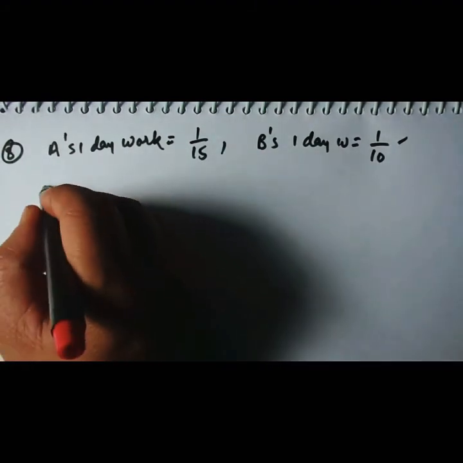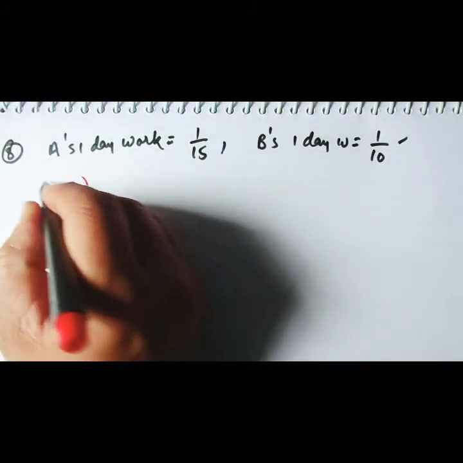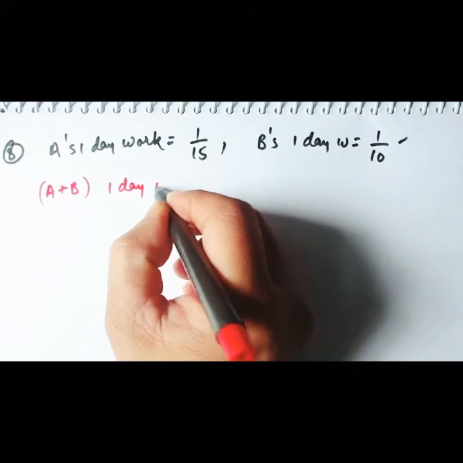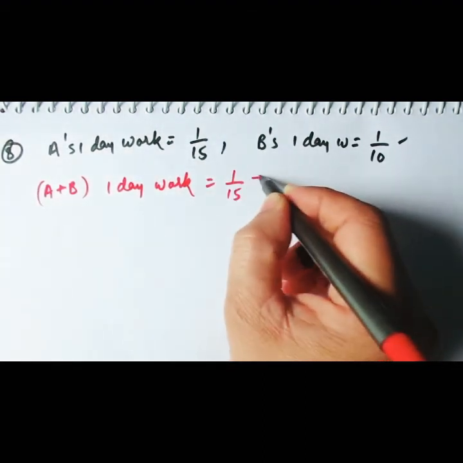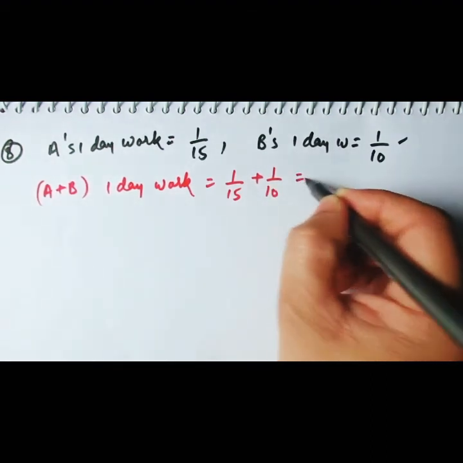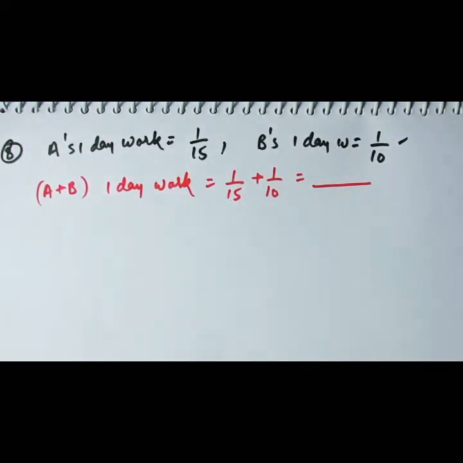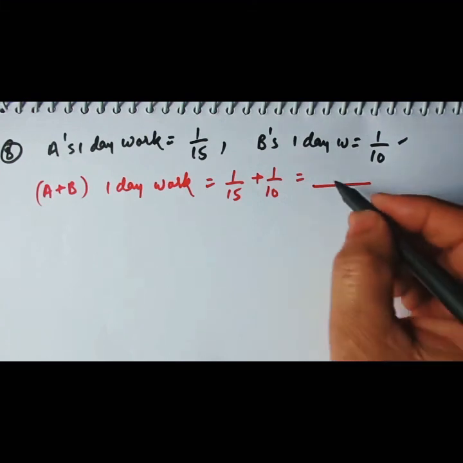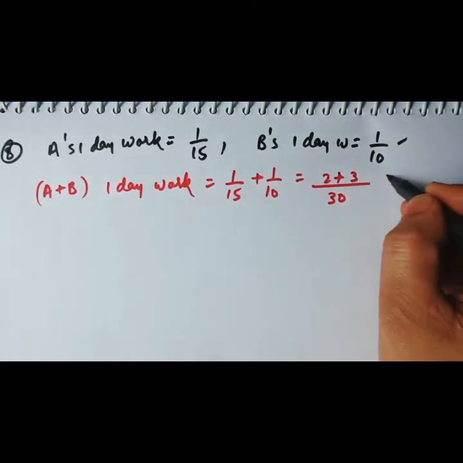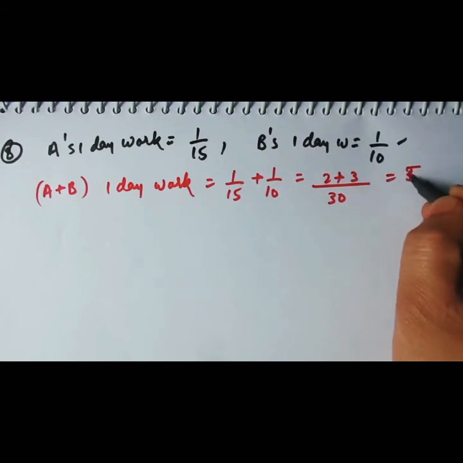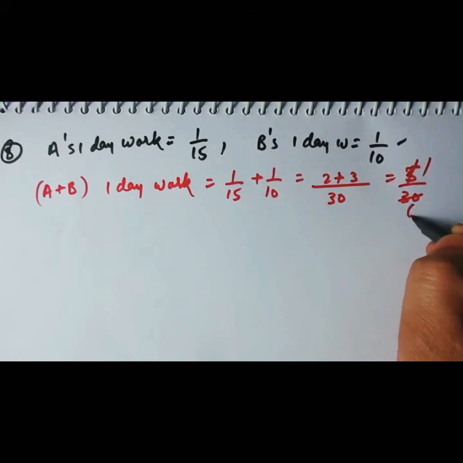So let us find out A plus B 1 day work. Here 1 day work is equal to 1 by 15 plus 1 by 10. The LCM of 15 and 10 is equal to 30. 15 2s are 30, 10 3s are 30, so it is 5 by 30. 5 by 30 means 5 1s are 5, 5 6s are 30, so 1 by 6.